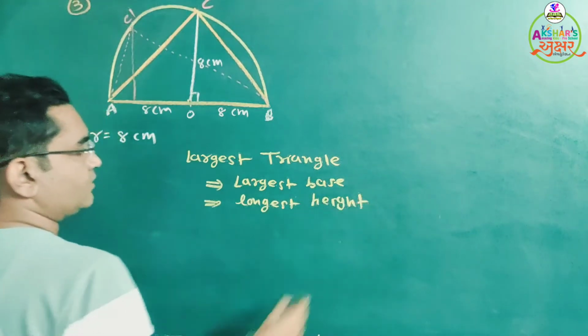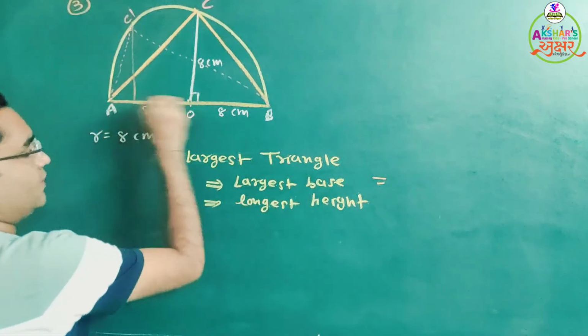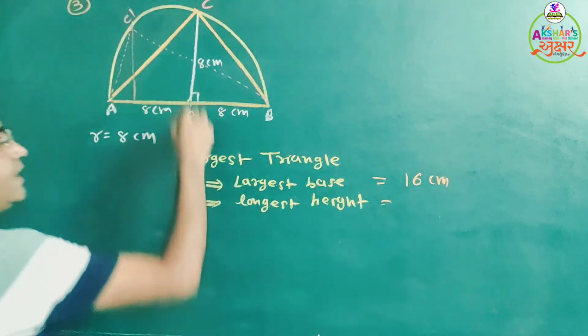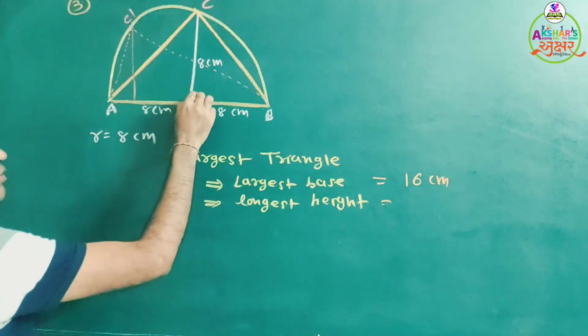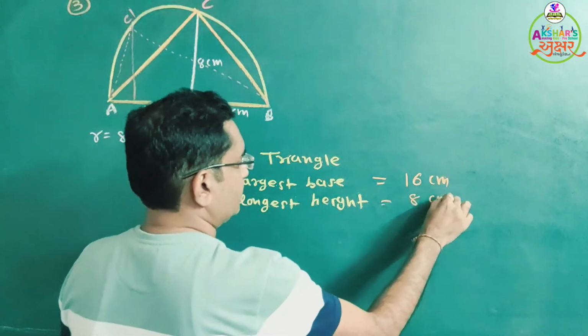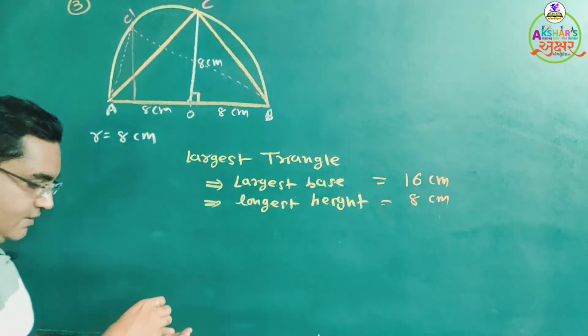So largest base is nothing but the diameter of this semicircle, which is equal to 16 centimeter, and longest height is nothing but the perpendicular drawn at base, that is 8 centimeter. Done.